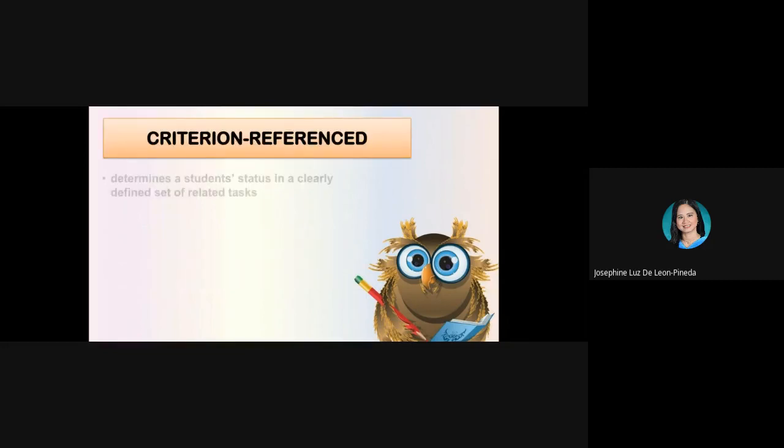So when we say criterion reference, it is the type of measurement of evaluation or assessment, whatever term you're going to call it. For as long as we are referring to the criterion reference, we mean here that it determines a student's status in a clearly defined set of related tasks. And it describes what learning tasks an individual can do.